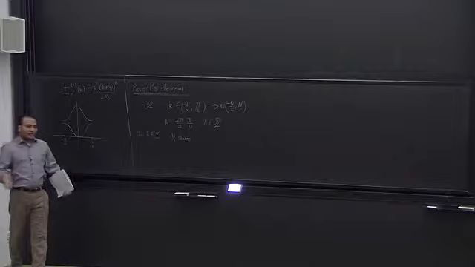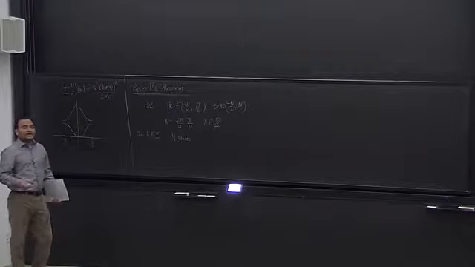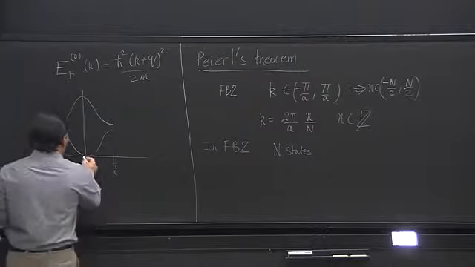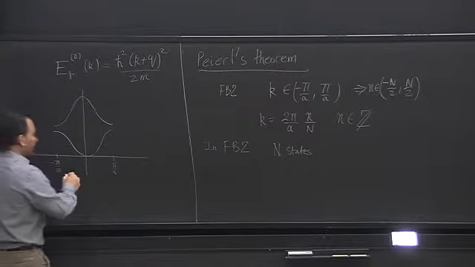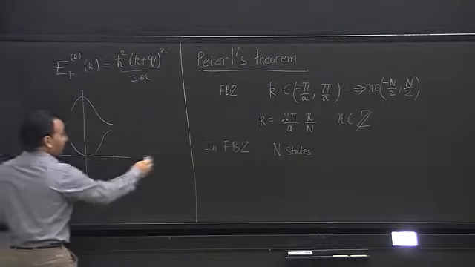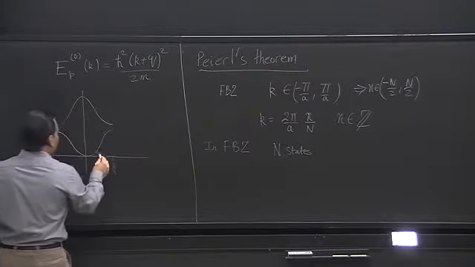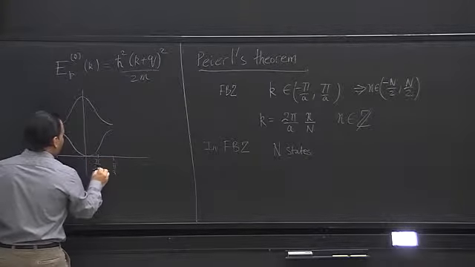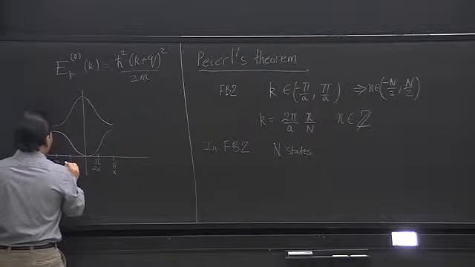Keep in mind that there is the Pauli exclusion principle, so each state can only be occupied by at most one electron. And when you fill up N by 2 electrons, you will be somewhere here. And because of this quantization, you can check that the value of K will be half of this. So it will be pi over 2a and minus pi over 2a.